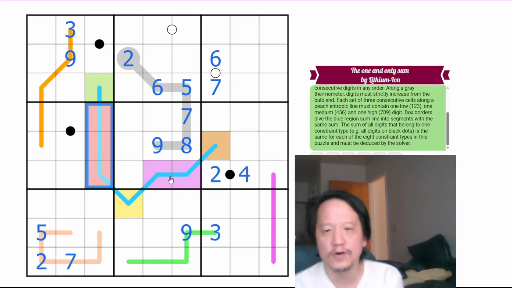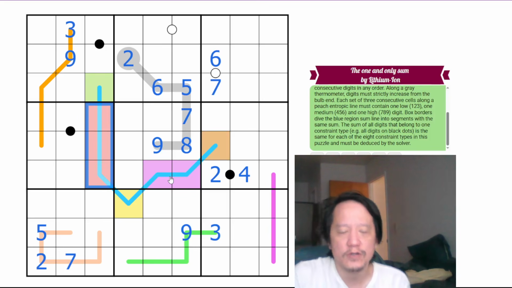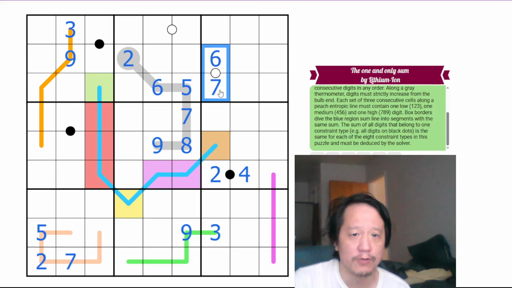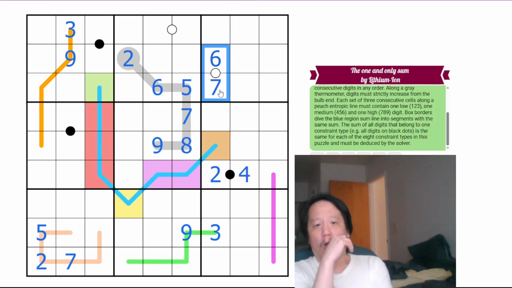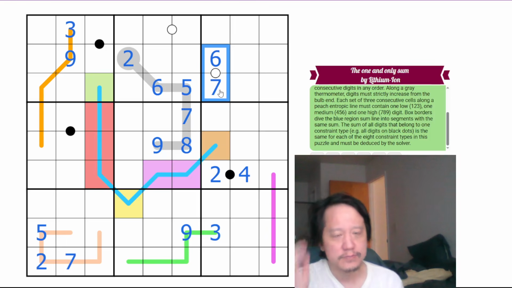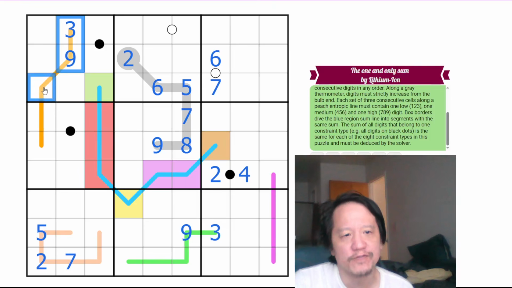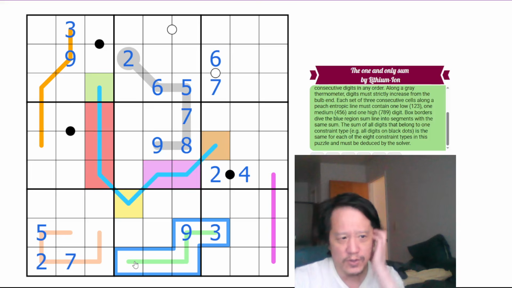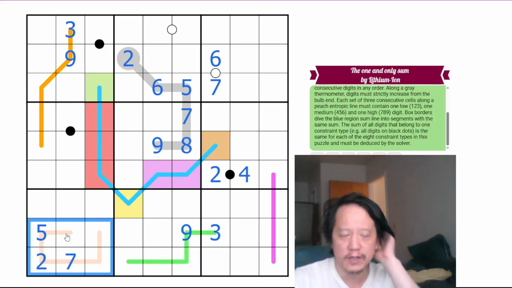So for example, you have digits that are only surrounding black dots. You have digits that are only surrounding white dots. You have all digits on the whisper 4 line. You have all digits on the whisper 5 line. You have all digits on the entropic line.